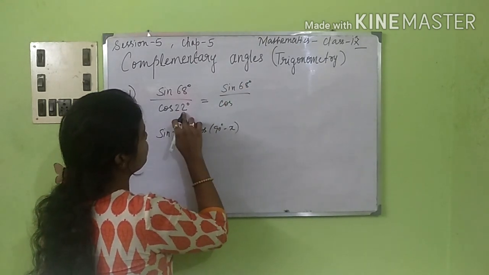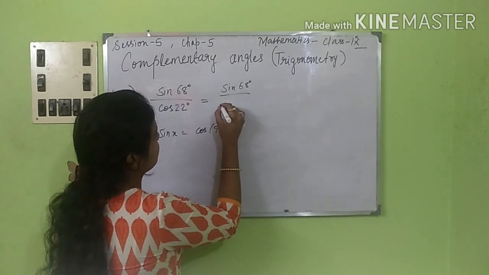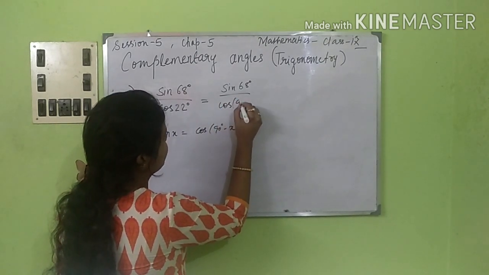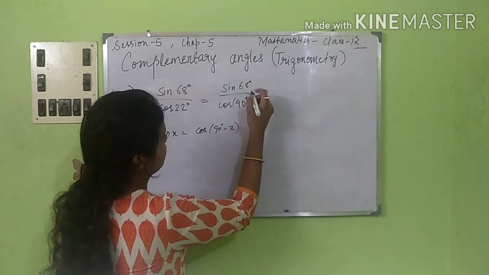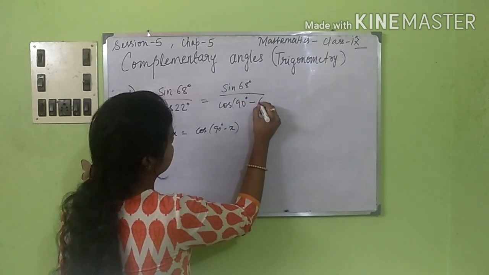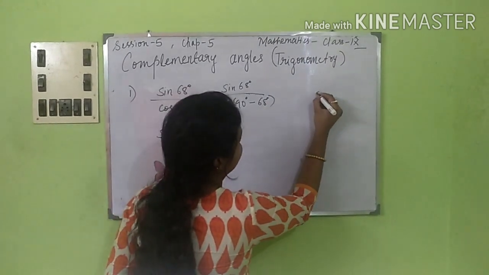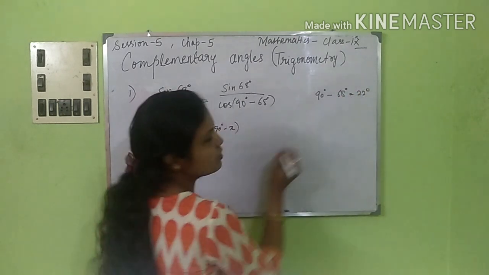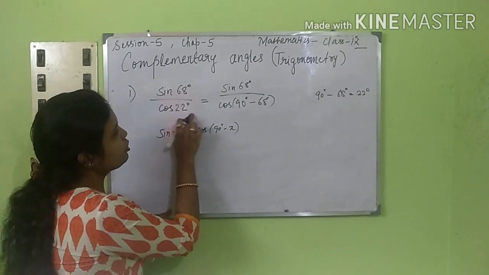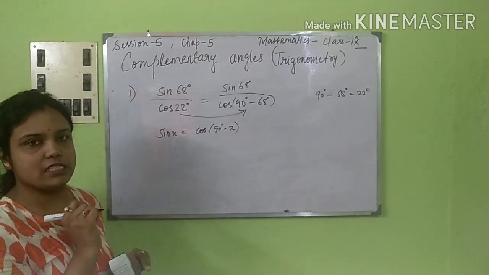So cos 22 we can simply write as cos 90 degree minus 68 degree. 90 minus 68 will give you 22 degree, right? So that 22 degree I am writing in this way, 90 degree minus 68 degree.